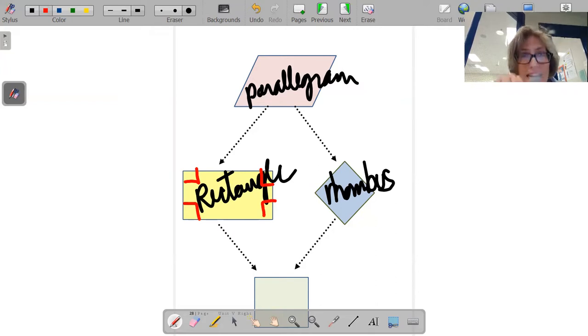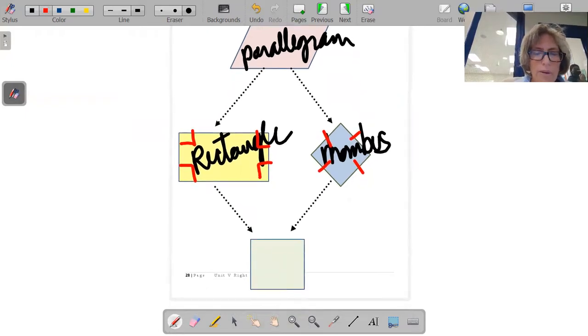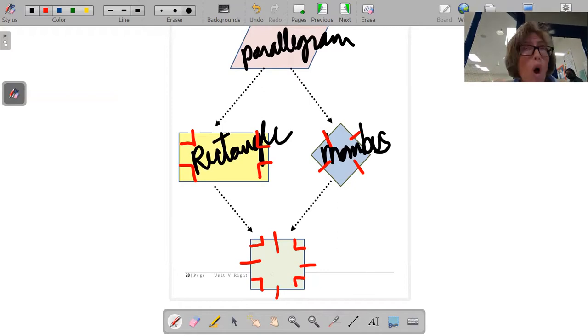A rhombus is a parallelogram with 4 congruent sides. So a rectangle and a rhombus get married, they have a kid, and the kid is a square, which means you have 4 right angles and 4 congruent sides. So a square has all the qualities of both a rhombus and a rectangle.